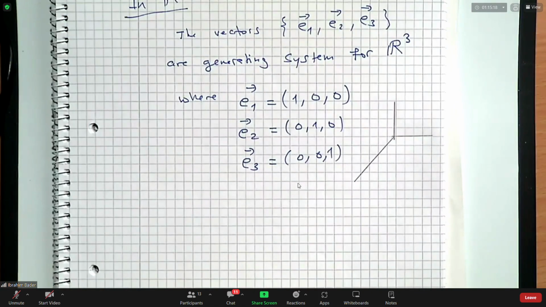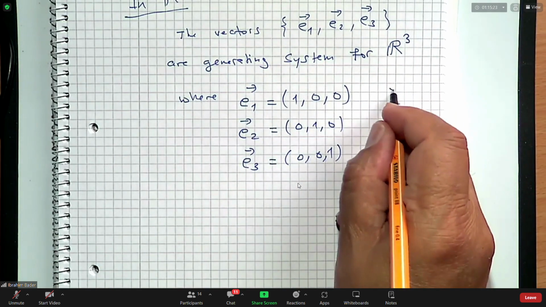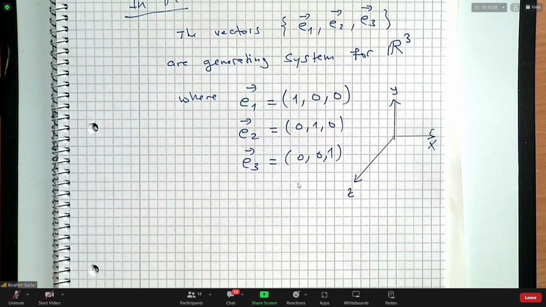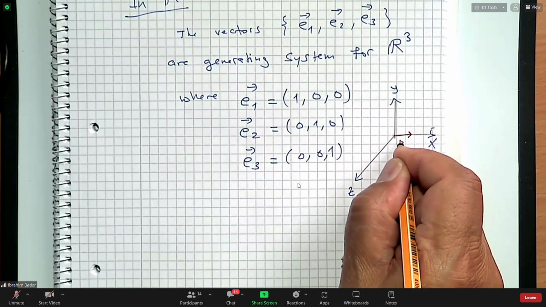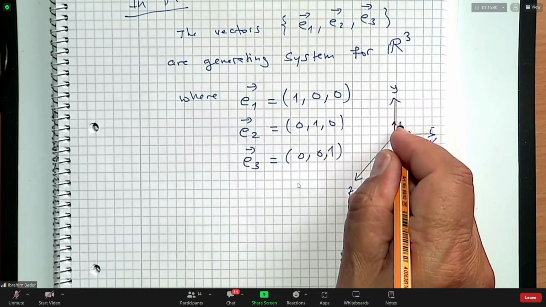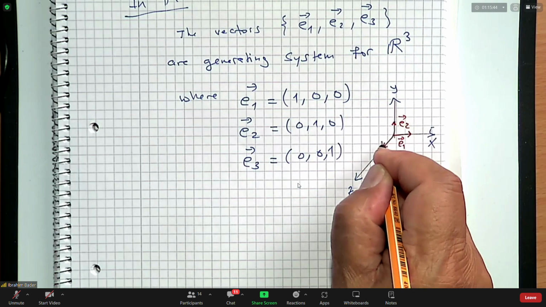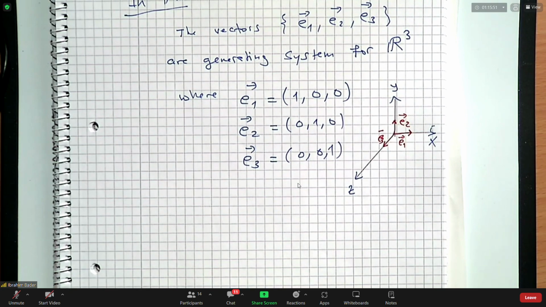Here we have three axes: this is X, this is Y, and this is Z. The three vectors: E1 is this vector, which is one unit. This is E1. This one is E2. And this one is E3. They are perpendicular to each other.